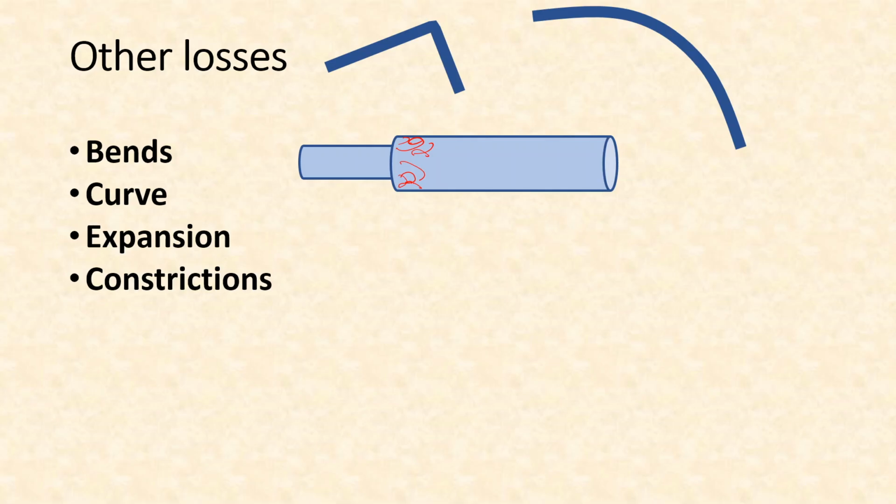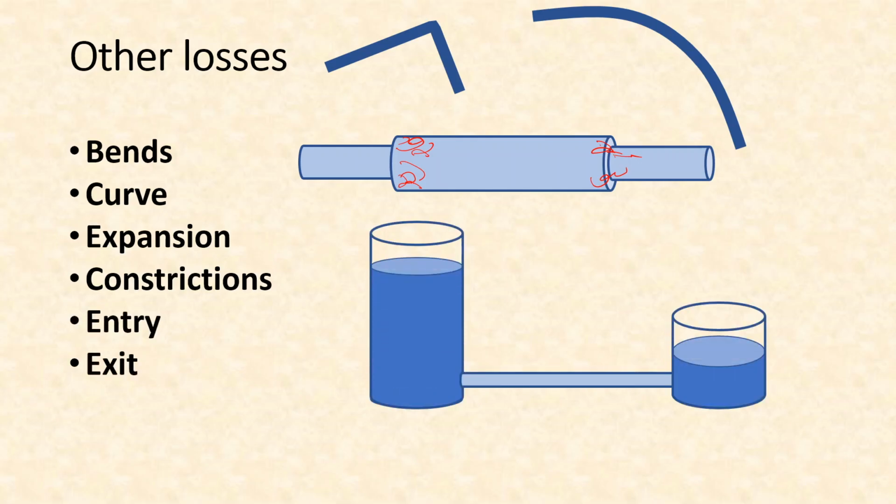Similarly, when you decrease the diameter suddenly, then also there will be some kind of turbulence here, and again some additional head will be lost. Entry and exit, that means when water enters this pipe from a large reservoir, some small amount of energy will be lost, so that is called loss at entry. And loss at exit, that we have already discussed while discussing the velocity head loss.